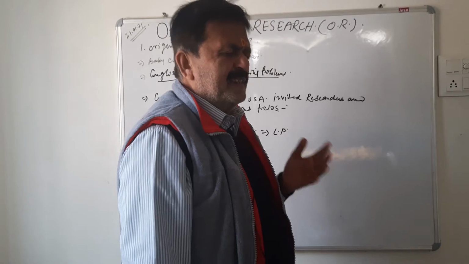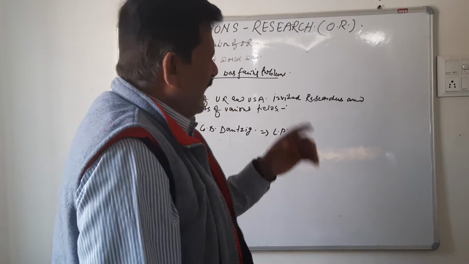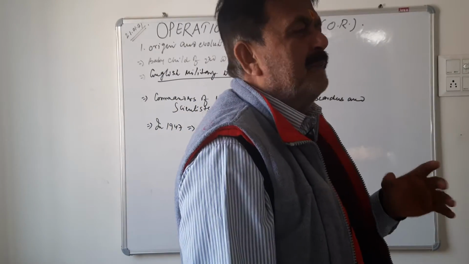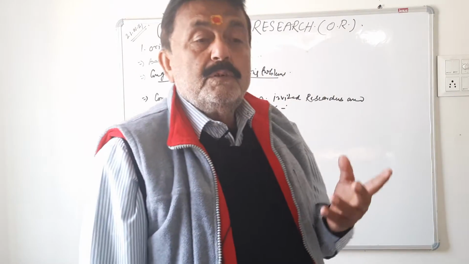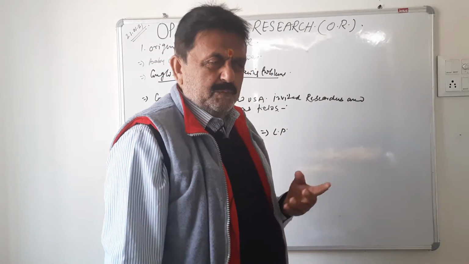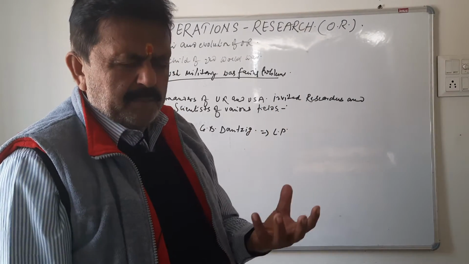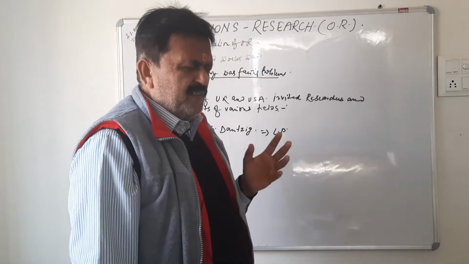They were fiercely engaged in war with West Germany and other countries, and they had various problems regarding bombing, effective use of whatever resources they had, effective use of the arsenals, effective use of electronic machines, maximum bombing with minimum arsenal. So these were the problems with the English military.